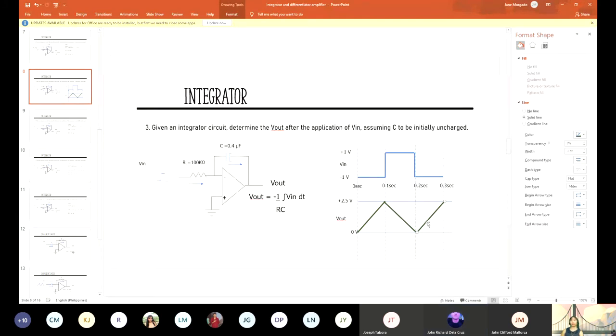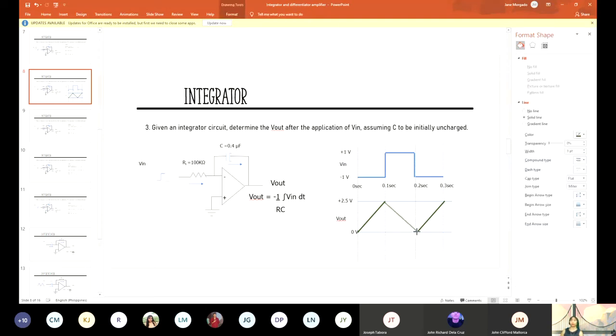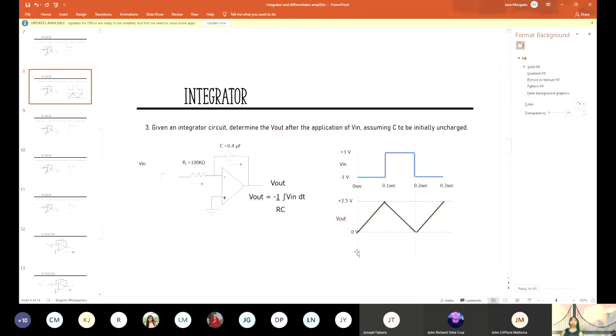So if you have a square wave input, we're going to have a triangular output. Okay. Question with integrator? None so far? None, ma'am.